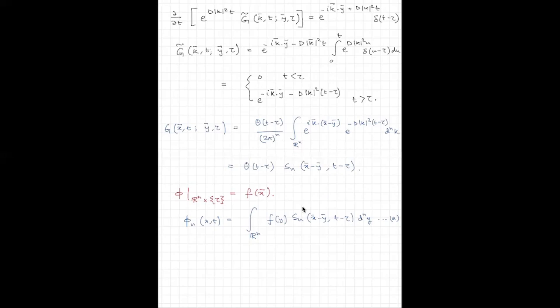Let me just make sure that this is the homogeneous, this is H. So the solution to the first problem is S f(x,t), equal to the integral from 0 to t of the integral over R^n of f(y,tau) S_n(x minus y, t minus tau) d^n y, and this is integrated also over d tau. Let's call this B.